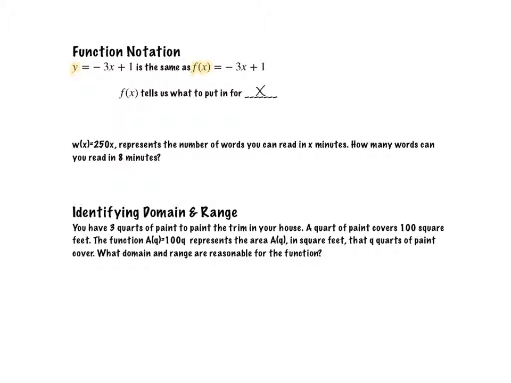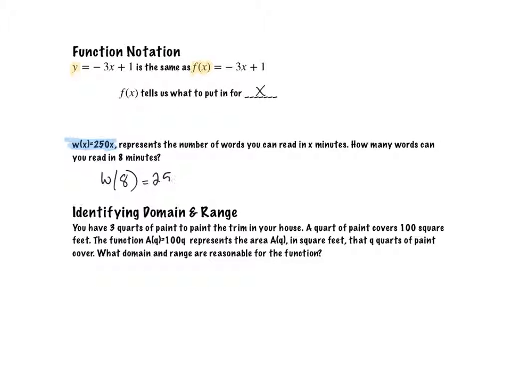So if I looked at this example here, it tells me that W of x equals 250 times x, and that's the number of words you can read in x minutes. So how many can you read in 8 minutes? If I wanted to write that out, what does it want to know? It wants to know what W of 8 is, right?